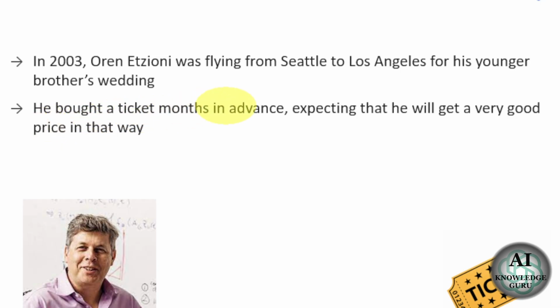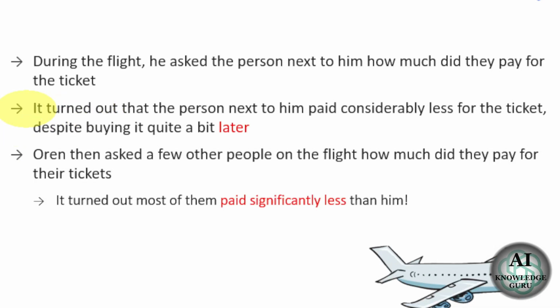He collected the data, and on the basis of the data, he decided to buy a ticket in advance. Whenever we want to understand what will happen in future, we need to understand the data, and that's why the data is important.